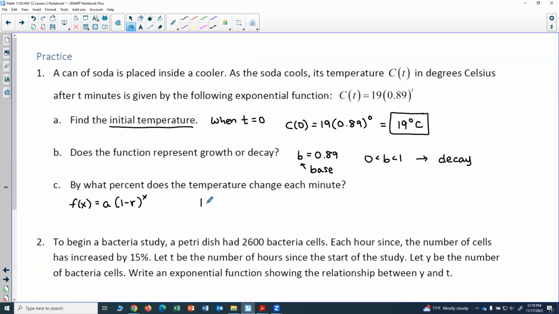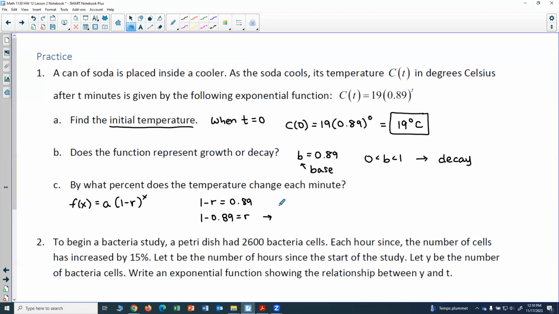So that tells me that 1 minus r is 0.89. So to find r, I'm going to have to subtract 0.89 from 1. Or in other words, I'll get 1 minus 0.89 equals r.